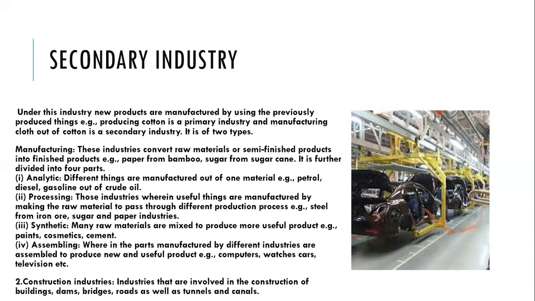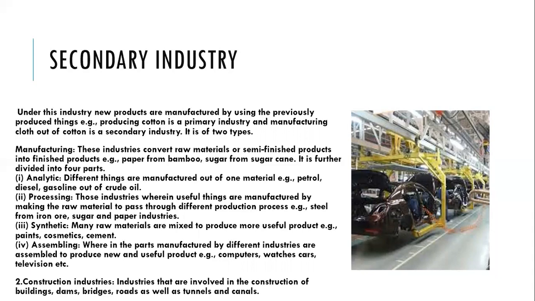A few years back, people were selling assembled computers, wherein they were using different parts and assembling them together. In the case of electronics, also cars, watches, all these are manufactured in the assembling industry.